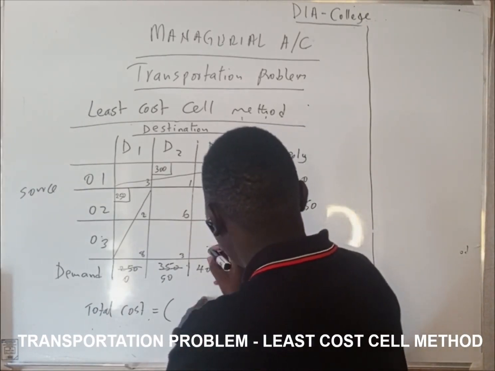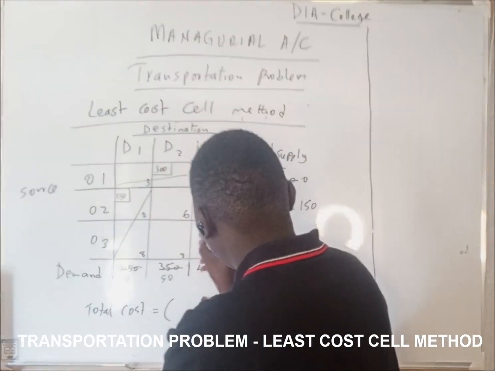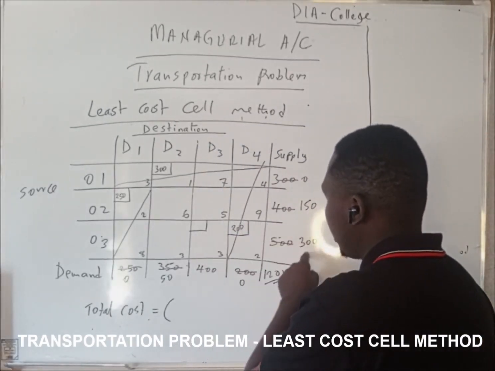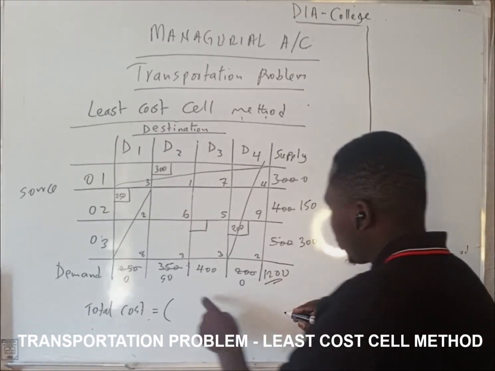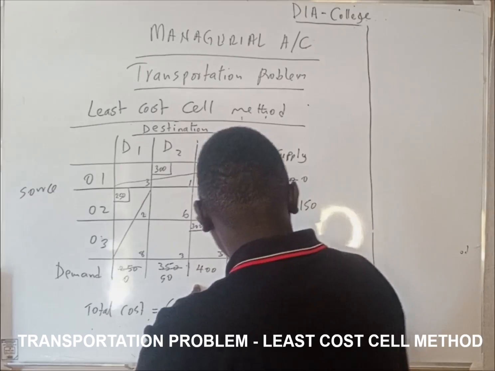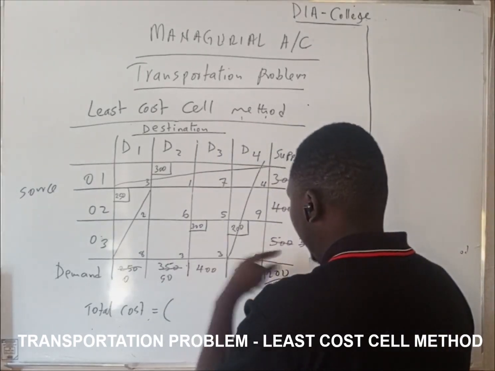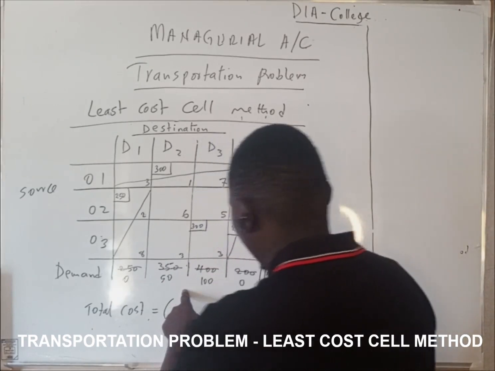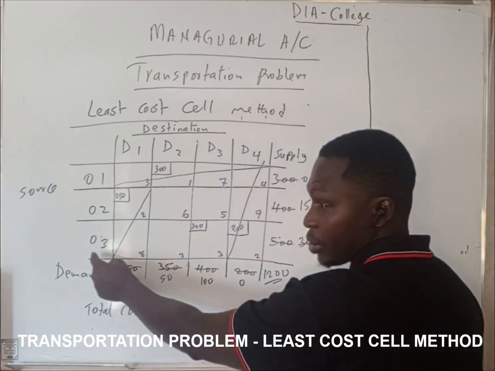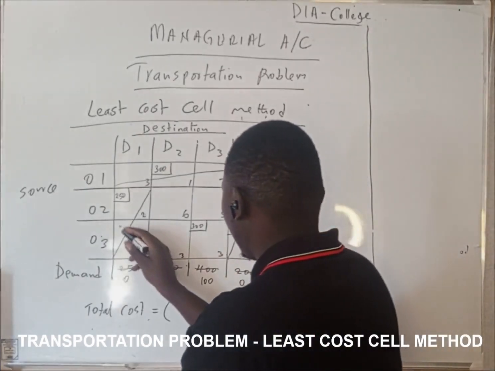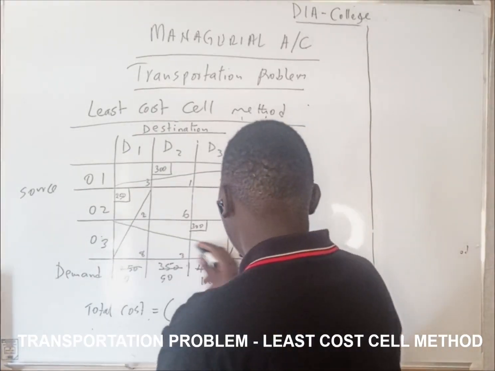We need 400. The availability here is 300. So I'll have to give 300, what is available. That means we have completed the supply here. Then I'll still need 100 here. Because supply source 3 has been fully exhausted, I'll close that row. So we no longer need this row.